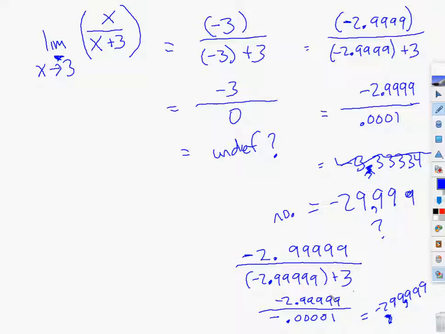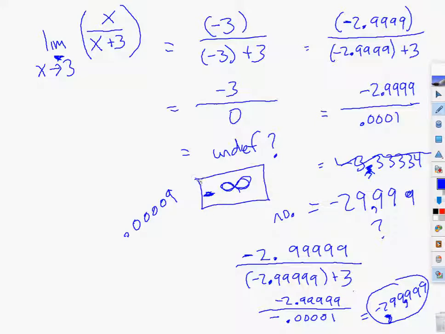I added that one extra 9. It was an insignificant amount. You see what I'm saying? I added 0.0009 to this value to get my next answer, and look how much bigger it got. So it appears that the closer I get to negative 3, it seems to be getting infinitely negative. So it's not undefined, it's negative infinity. We got infinitely big.